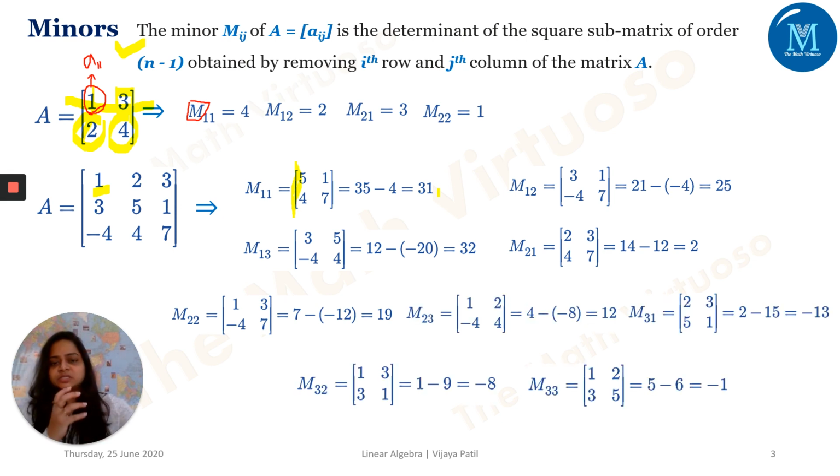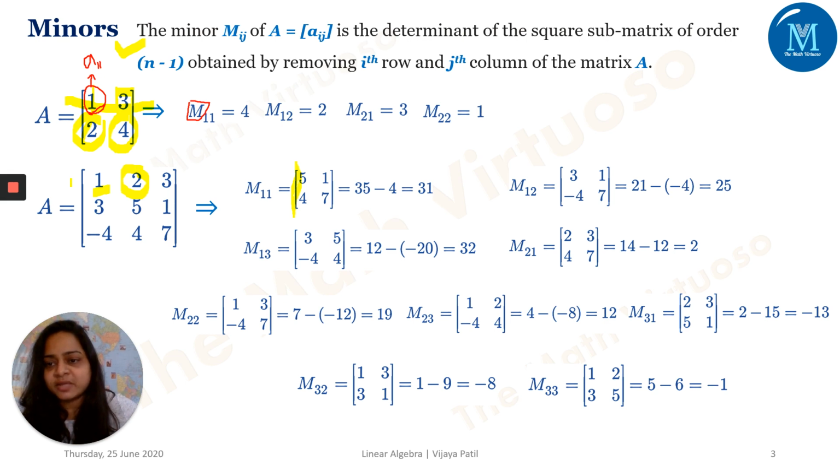My suggestion for you is to understand the concept of how to find the minors. I'll not explain each and every minor here, because you can just pause the video, see the matrix, and then calculate M12. This element is 2, and it is placed in the first row and the second column.